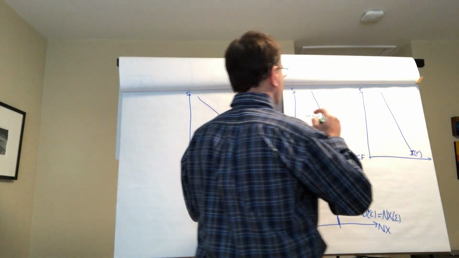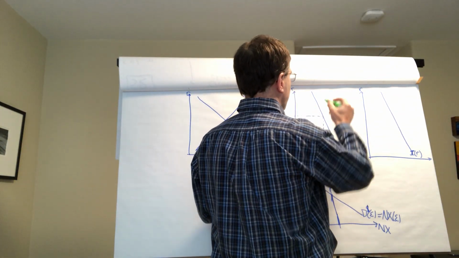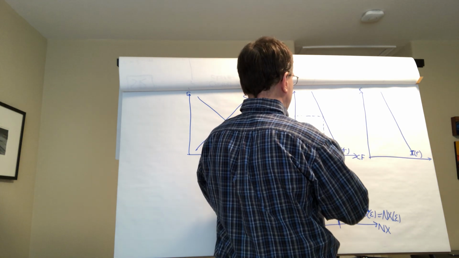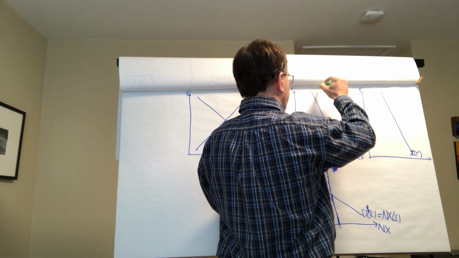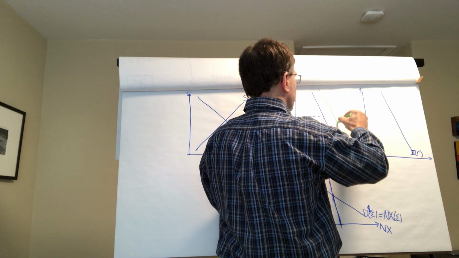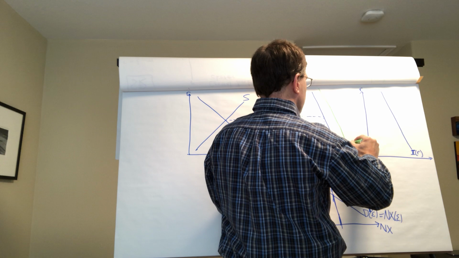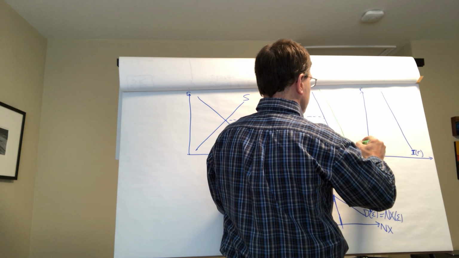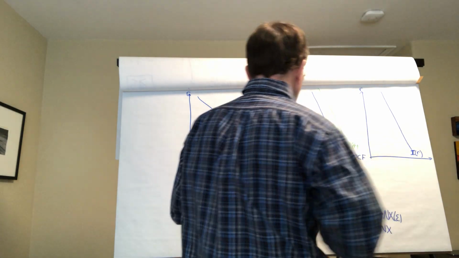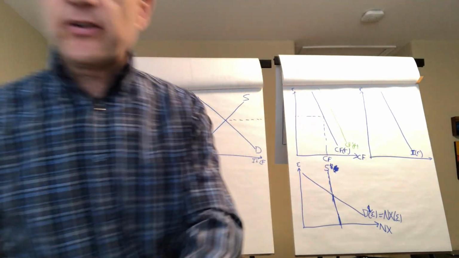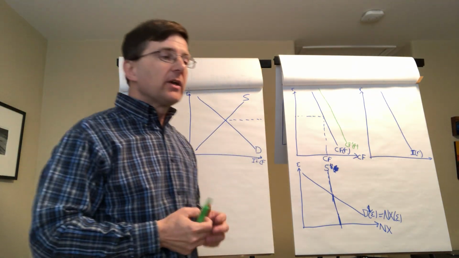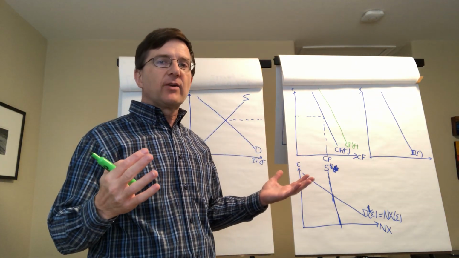One, let's imagine that I want to shift it outwards, and then of course you'll want to think of the reverse. Okay, what can do this? That's not a derivative, that's just a prime for a different curve. Several things could shift out the capital flow curve. One of them is retirement savings account policy.